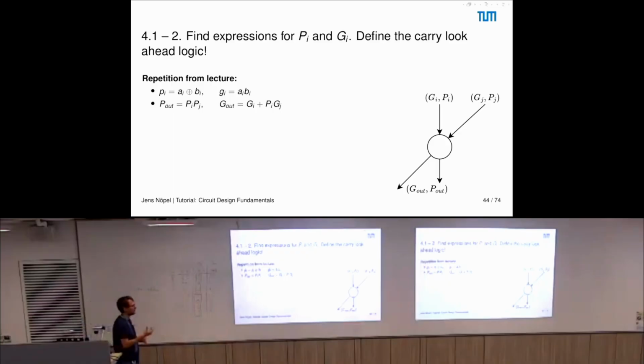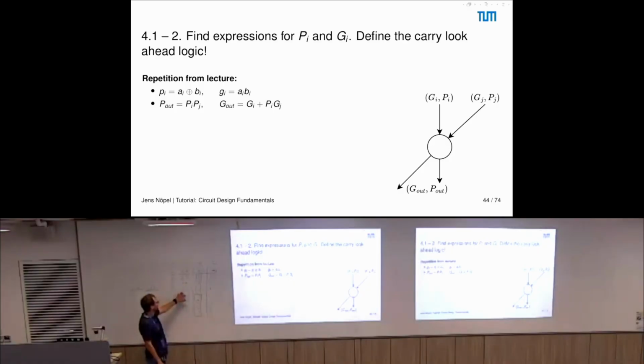So what we do instead is we say, okay, either we know as a processing element we generate a carry, or we know we propagate the carry. So instead of waiting until the previous module gives us its carry, we say, I don't care whether you already gave me one, I just tell the carry look ahead logic whether I propagate or whether I generate a carry by myself. And how do I do that? If we have a look here again, when do I generate a carry?